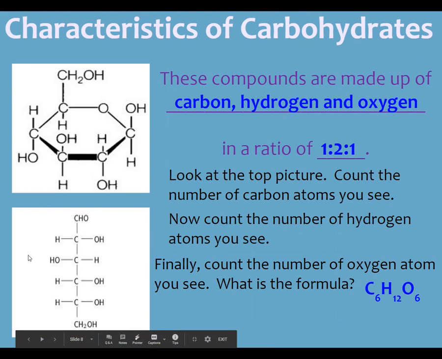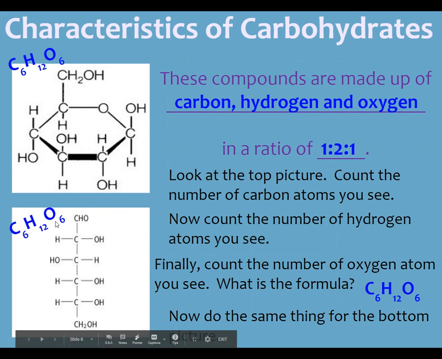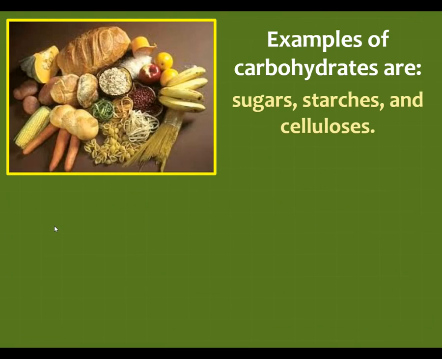It can also be written like this. There are just 2 different ways you could write that. If you did the same thing for the bottom, you should come up with the same answer, C6H12O6. Examples of carbohydrates would include sugars, starches, and celluloses.